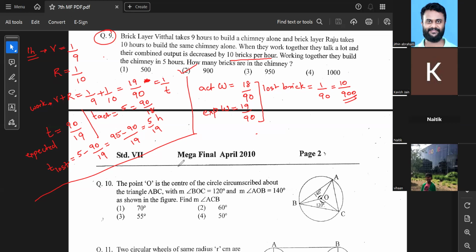Yeah, I'll explain the logic. In this case, what does 1 by 90 mean? They have lost one brick out of 90 bricks. So this is the bricks lost, and this is the total bricks.